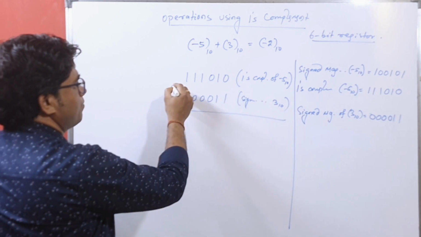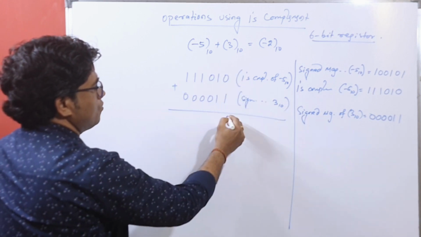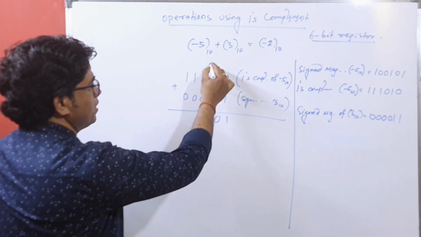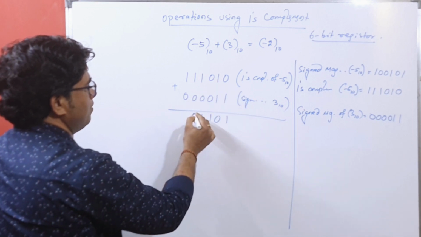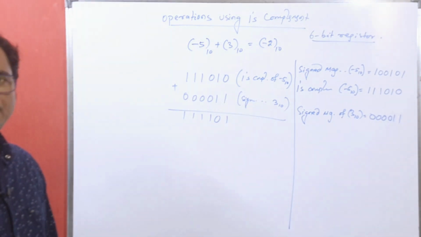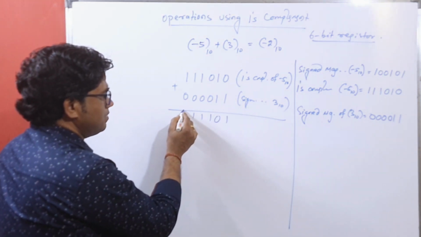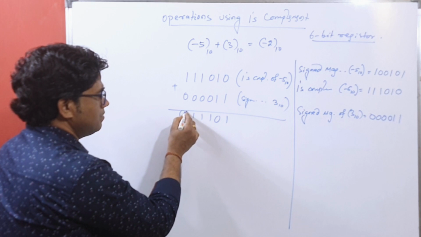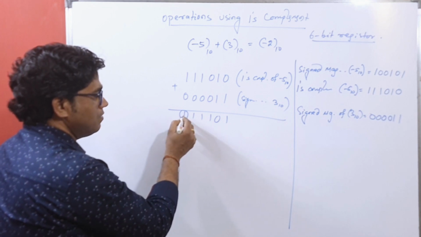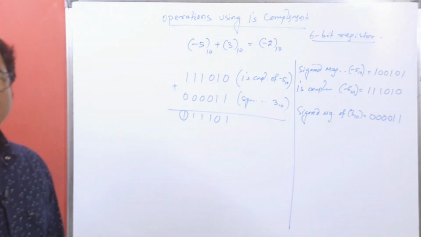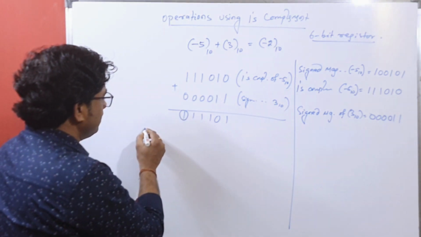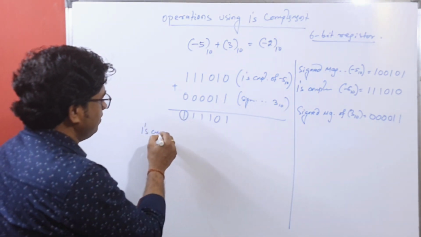So that is the sign magnitude representation of 3 base 10. Now you perform the simple addition. So 0 1 1 1 1 0 with carry 1 1 1 1 1. See, the most significant bit of the result is 1, which indicates the result is negative. So again you find out the 1's complement of the result.